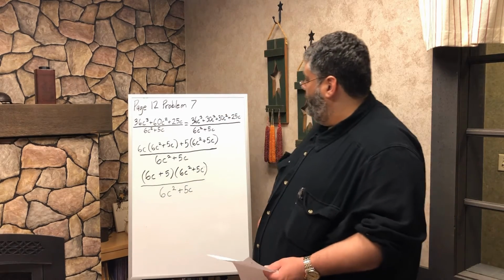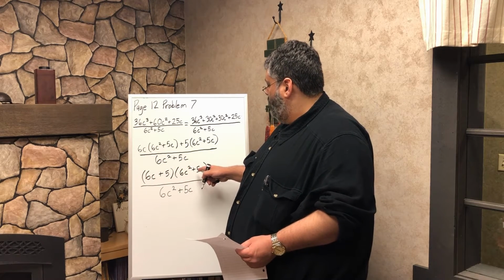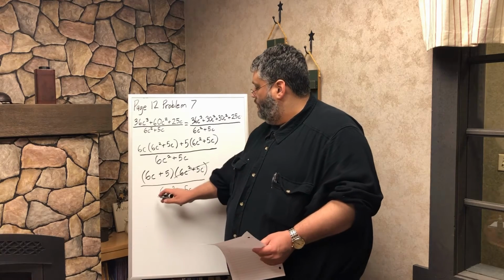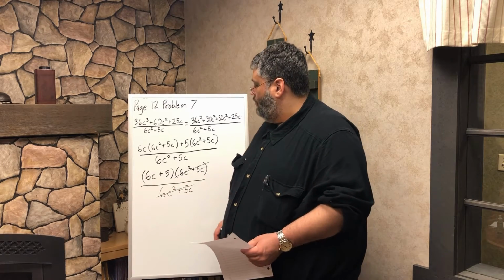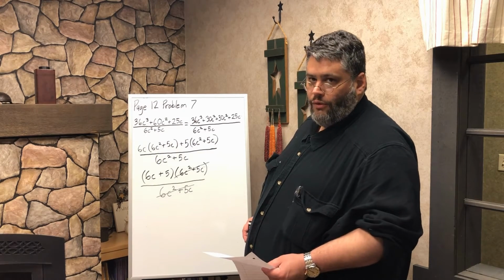So you can see here that this 6c squared plus 5c will cancel in the numerator and the denominator, because anything divided by itself is 1.